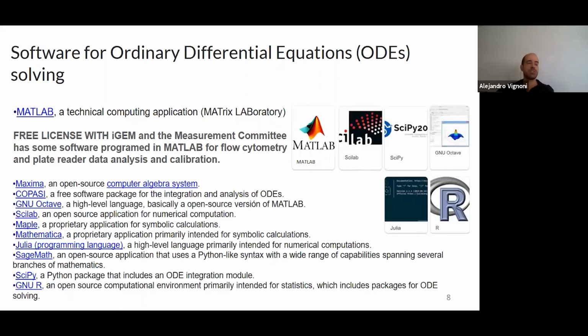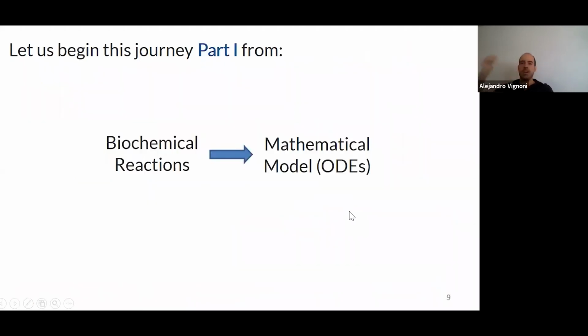And the measurement committee also has some software that you can use for calibration, validation, and data analysis of flow cytometry and plate reader data. But of course, there are many other software packages that you can use. Here is just a very short list with some explanations, but we will not focus on this more. If you have any question, then we can answer that. Okay.